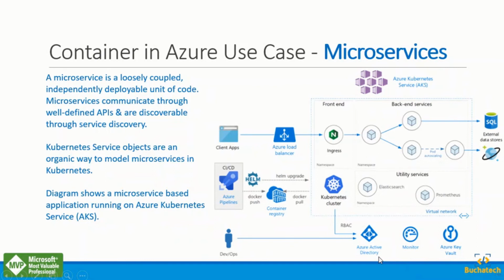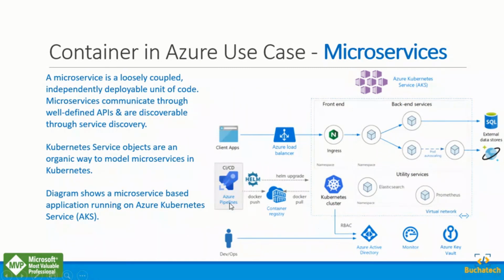So Active Directory, and I think you had a session today that talked about Active Directory. You'll have monitoring here that integrates with Prometheus, so you can see what's going on in your environment and with your application, let's say if it breaks. And then you also have Key Vault, so you can store secrets and make sure your application and your secrets are secure away from hackers, right?